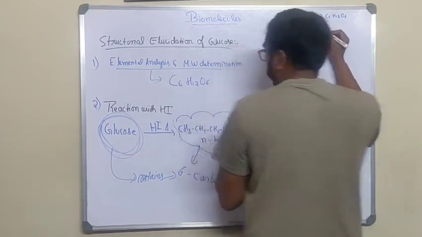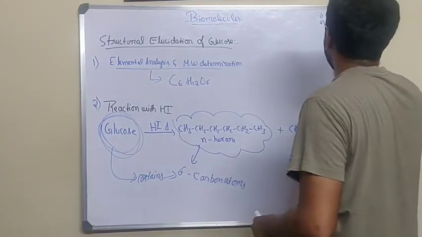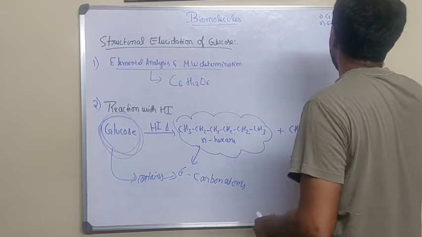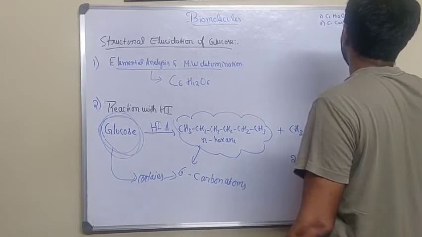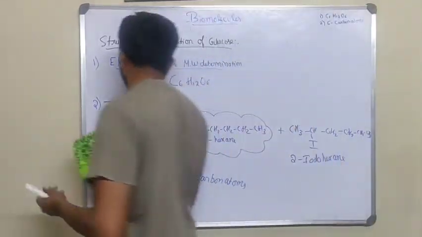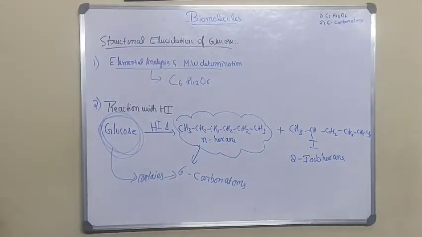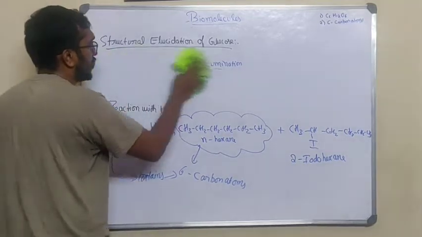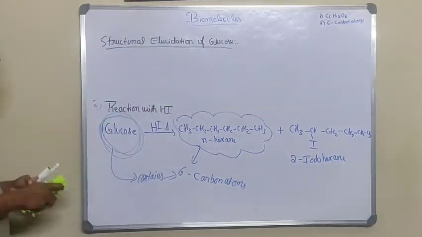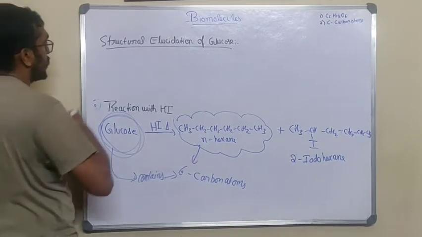The second, we have determined that glucose contains 6 carbon atoms. Next one, the third structural elucidation.